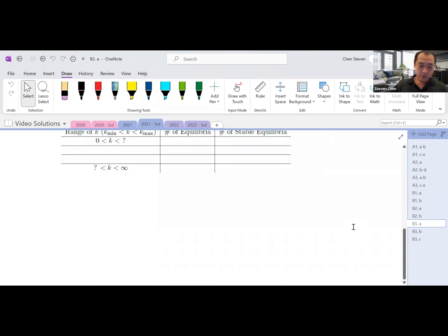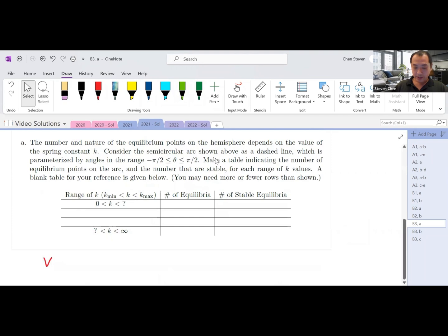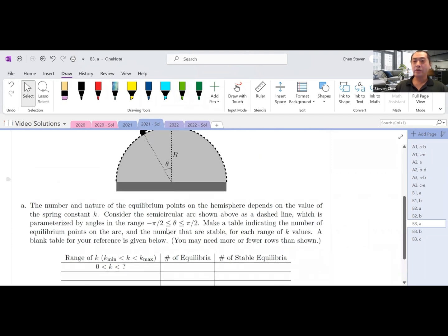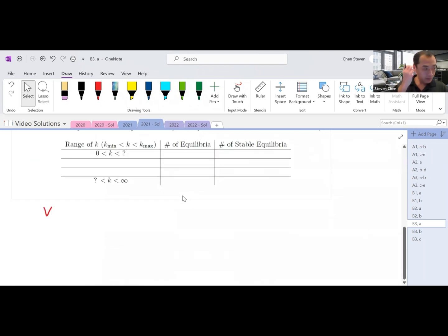All right, so let's write down the energy. To characterize the position of this ball, we only need to use one generalized coordinate, that is theta, okay? So energy is a function of theta. It consists of two parts. One is the potential energy stored in the spring.